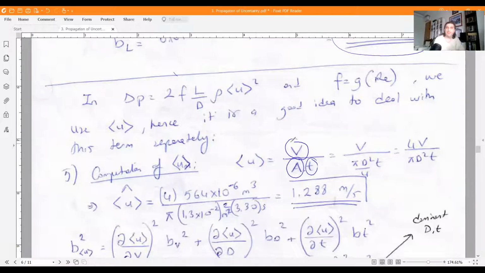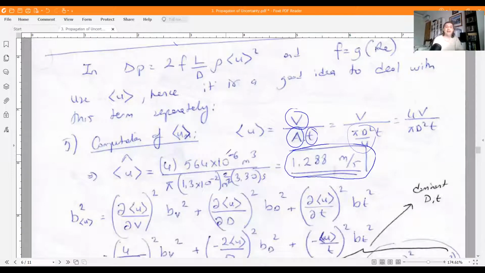The average velocity is going to be volume over cross-section area times t. This equation, so 4 is here. When you put the values here, we find the average velocity to be equal to 1.2 or 1.3 meters per second. Now, the uncertainty, or it's better to say bias, related with velocity.